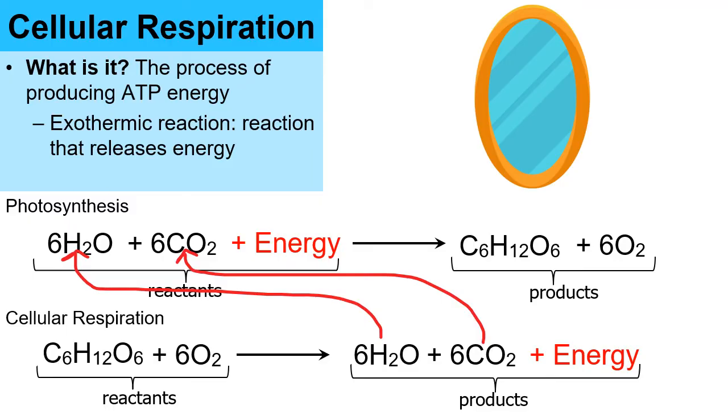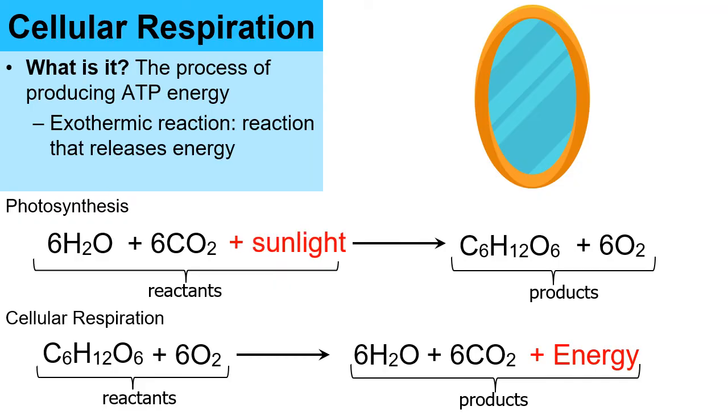So these two reactions are very much complementary and in connection and in a cycle of nature with one another. Now, when we talk about the energy of photosynthesis, the energy is different. The energy of photosynthesis is sunlight, and in cellular respiration, the energy that is created are molecules of ATP. So the energies are different, but the other molecules are the same.